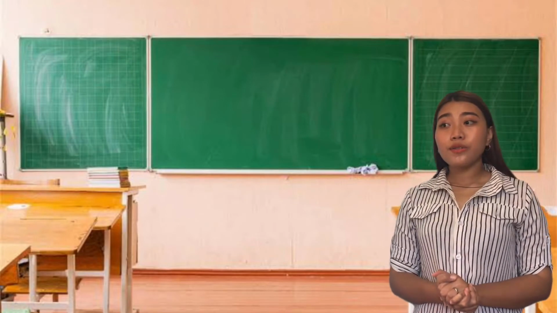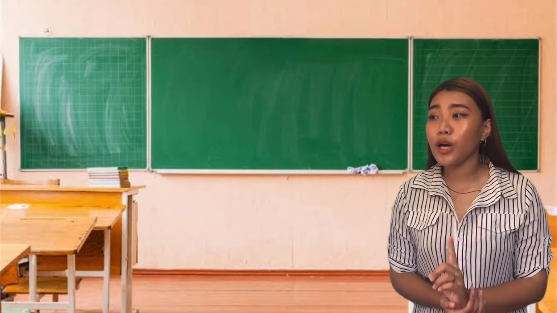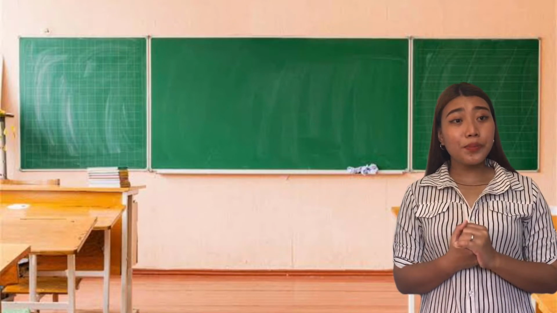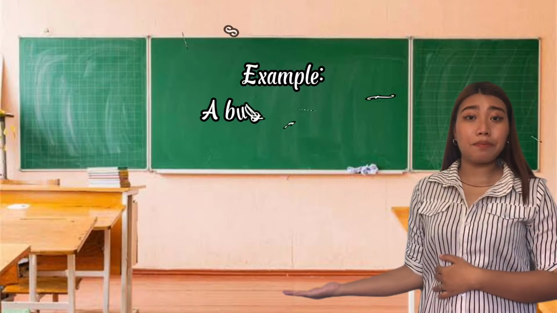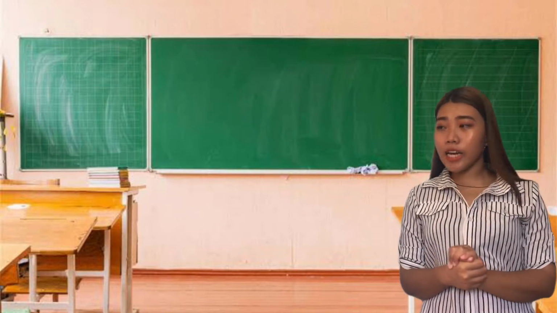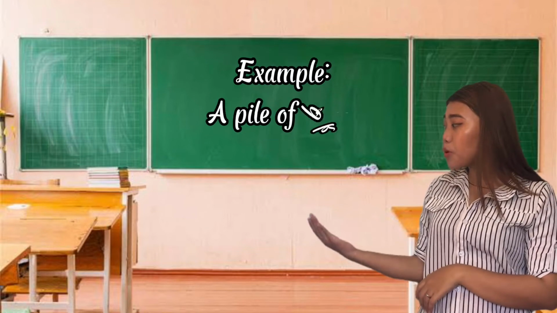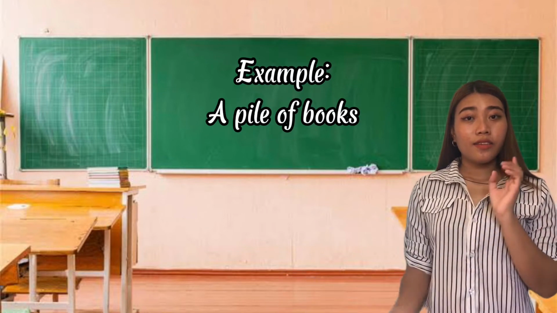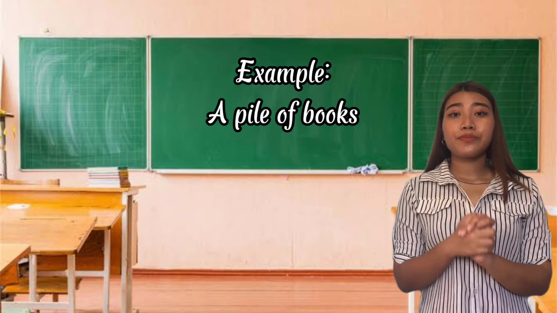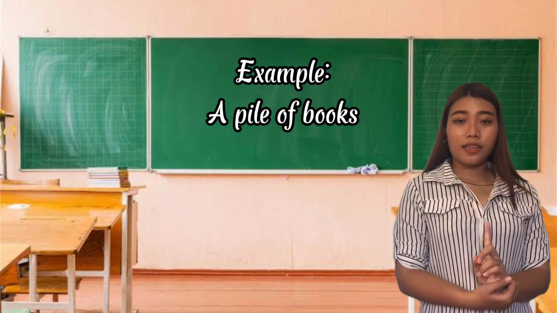Alright, so for example of the group of objects. Example, a bunch of grapes. That's an example of a group of objects. Another, a pile of books. That's also an example of a group of objects, right?